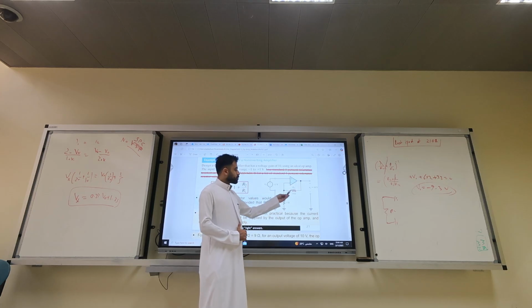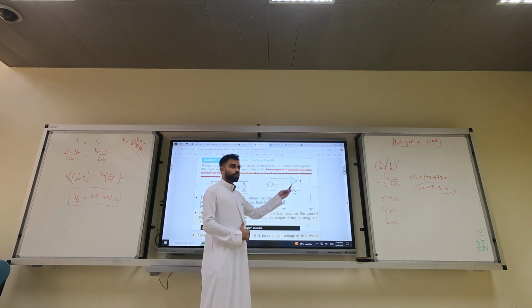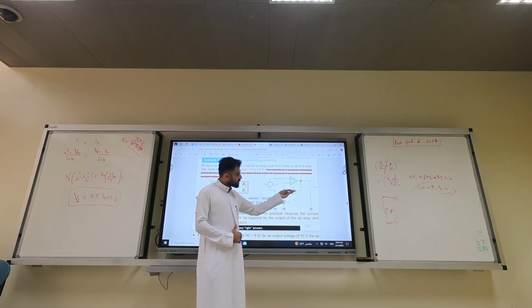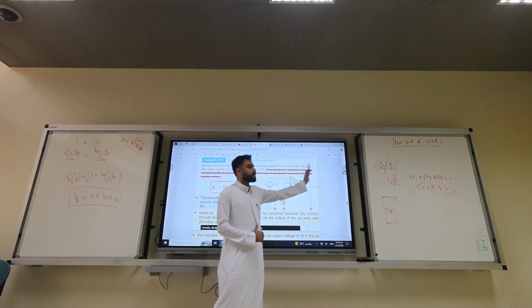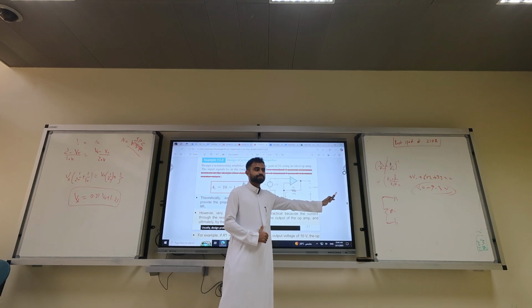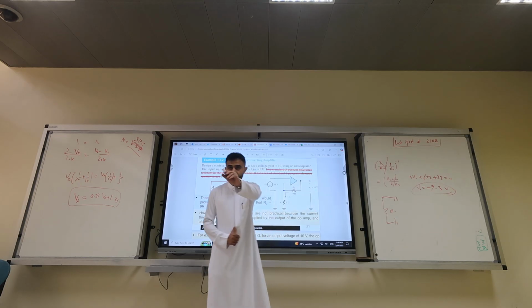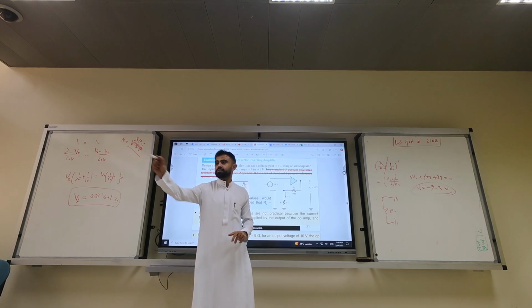If R2 plus R1 is very small, V output over a small number is a big current. So it will draw more current inside its feedback, which, if you made the resistors big, you could utilize to drive the next stage, speakers for example. Get it? Let me explain it again.